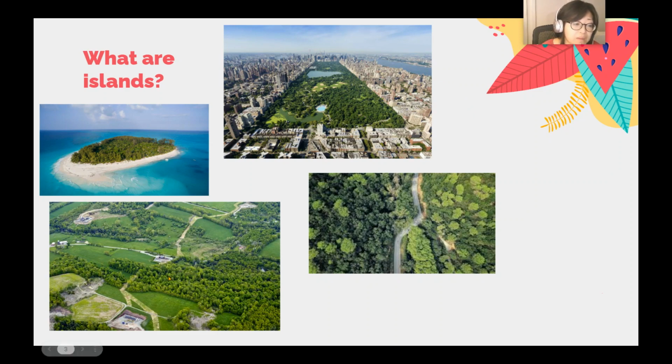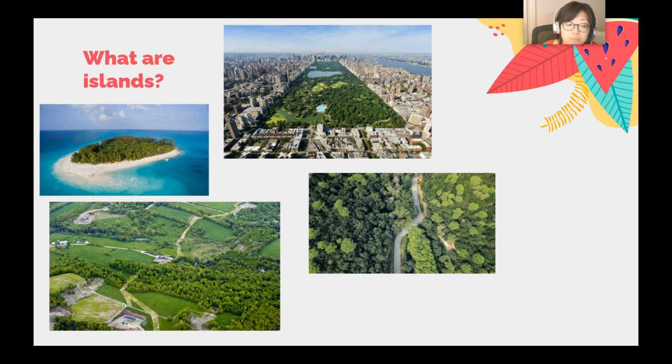Okay. And we're constantly creating islands. We might create an island by developing or converting habitats into farmlands and things like that, and leaving small patches. So these are also islands, and we can also create islands by fragmenting habitats.